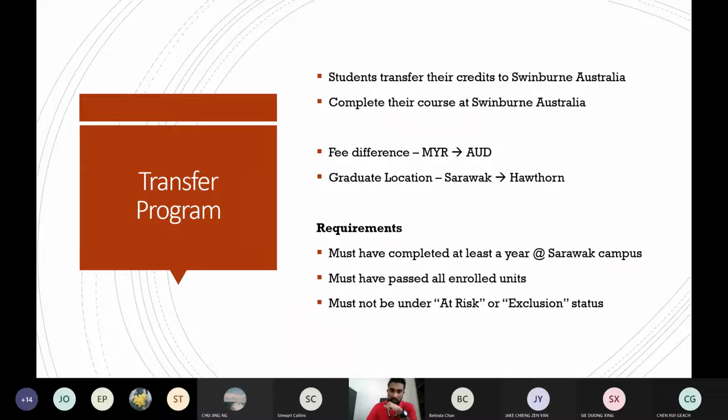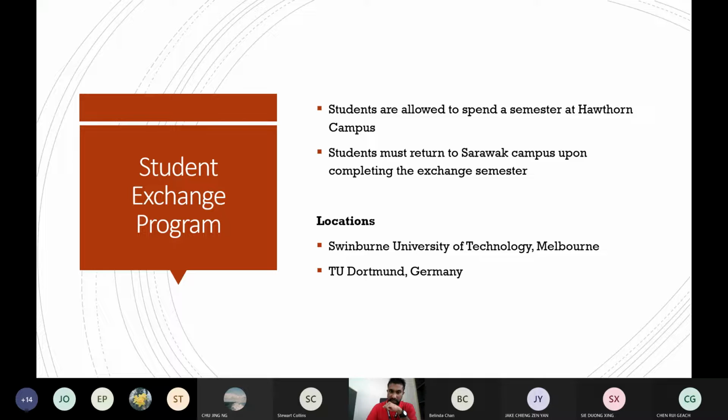The next one is student exchange. Currently we have 2 locations where you can go on exchange. One is the Melbourne campus, and the other one is in Germany, TU Dortmund. Most students prefer to choose the Melbourne campus because the credit exemptions and credit transfer are pretty straightforward, since both campuses offer the same program.